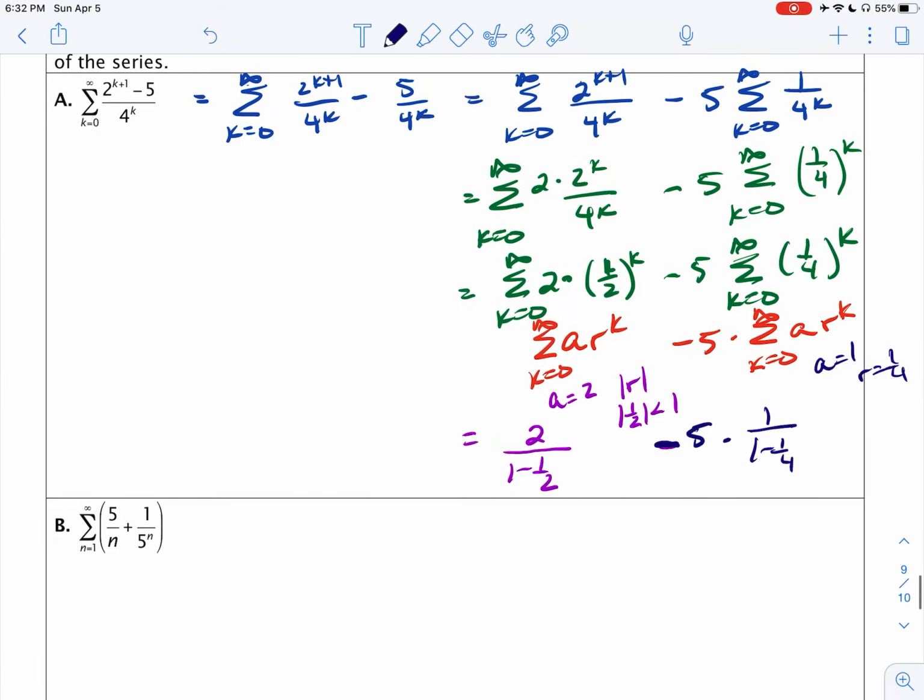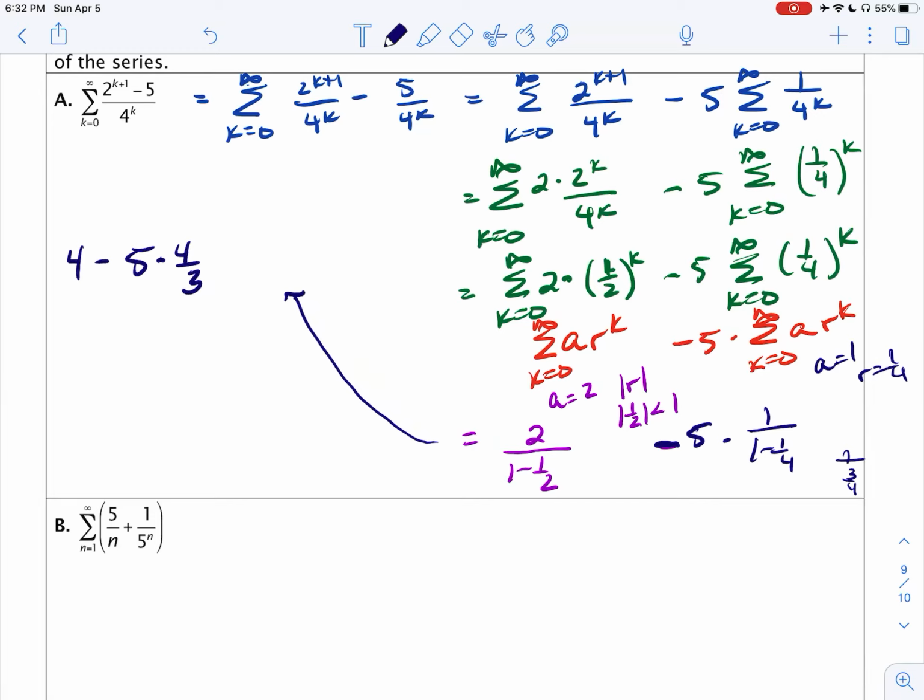And if we multiply through, we do get 4, right? Because 1 minus 1/2 is 1/2, and 2 divided by 1/2 is 2 times 2 over 1, which is 4. And then we have minus 5, and here this would be 1 divided by 3/4, and that would be 4/3.